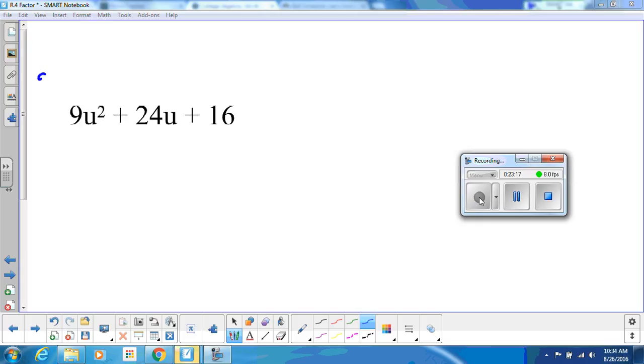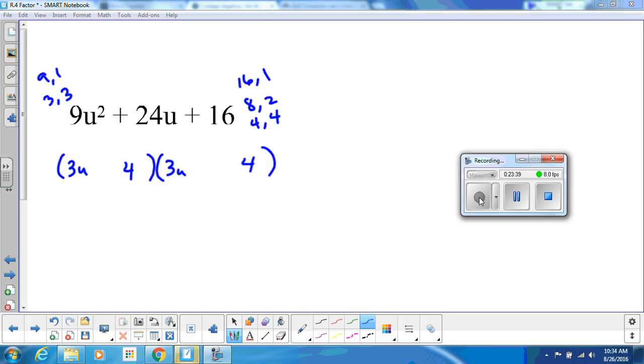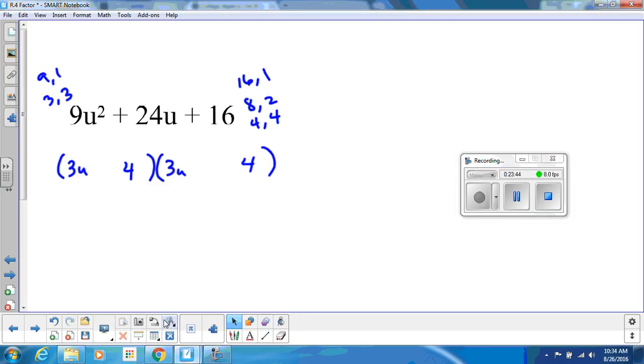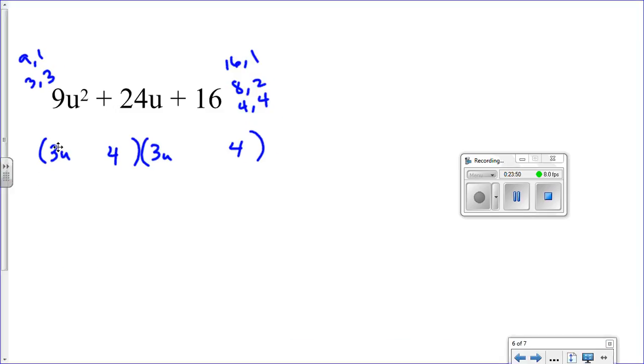Okay, so 9 and 1 or 3 and 3. So I'm going to start with 3u and 3u. 16, you have 16 and 1, 8 and 2, and 4 and 4. Again, I'm going to start with the 4 and 4, the closer ones. So I notice that this is a positive, so they have to be both positive or both negative.